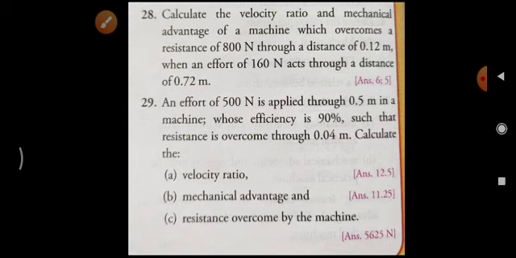Load we have to calculate. From that formula, mechanical advantage is equal to load divided by effort, we will get load is equal to mechanical advantage into effort. So mechanical advantage 11.25 into 500 is equal to 5625 Newton. Okay, simple one only. I hope all of you have understood that one.